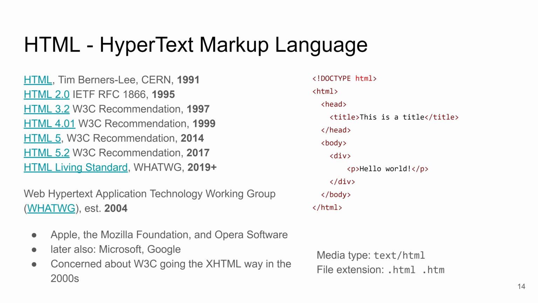Later on, the W3C released HTML5, 5.1 and 5.2 as recommendations, but then they decided that they would leave the standardization of HTML to WhatWG, and they decided this officially in 2019.